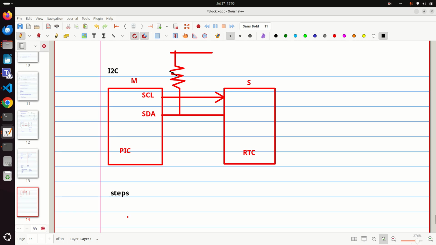Let me erase this and draw again. So this is the resistor, and here also I need to add one resistor. This is the direction, isn't it?